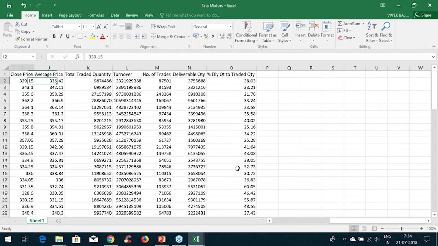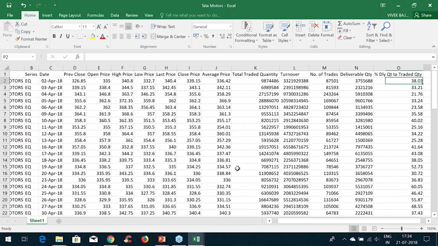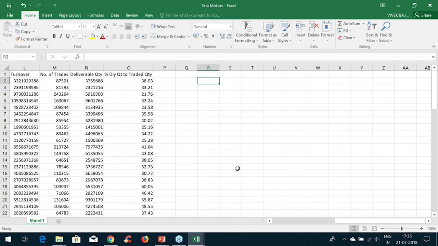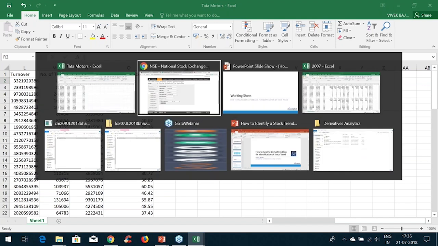We are talking about data from 2nd of April. So for 2nd of April, which one is the current month? The April expiry. Which one is the next month? The May expiry. Which one is the far month? The June expiry. We will not consider the June expiry right now. We are only focusing ourselves to April expiry and May expiry.